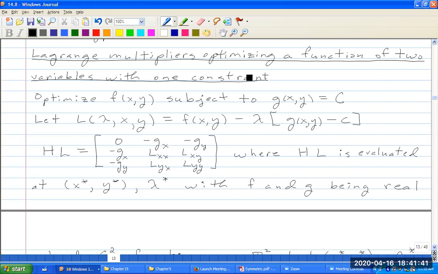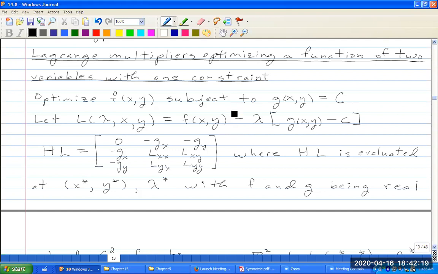If you have this specific case of optimize f(x,y) subject to g(x,y) equaling c, let L of lambda, x, y, please notice, put the lambdas first. So just remember, write these lambdas first, equaling f(x,y) minus lambda times g(x,y) minus c.